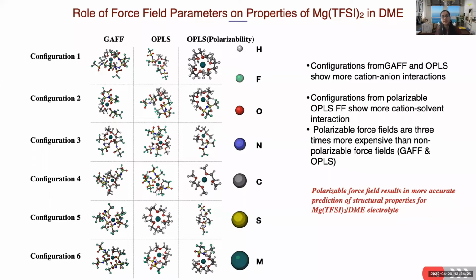Based on the comparison with the NMR results that we have and the previously reported SCXRD data, we concluded that it's important to include polarizability when we are dealing with multivalent cations like magnesium, zinc, and calcium, because they have strong electrostatic interactions with the anion, and that can lead to an artifact in the calculations where we are over predicting the cation and anion interactions.